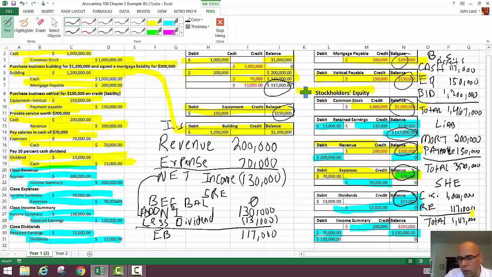You can check my math here, but I'm pretty sure that my total liabilities plus stockholders' equity, when I just total those numbers, equals 1,467,000, which is the same as my total assets.